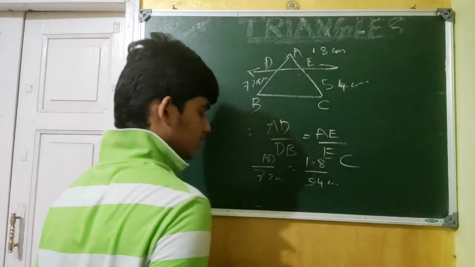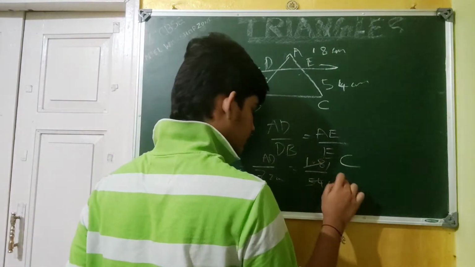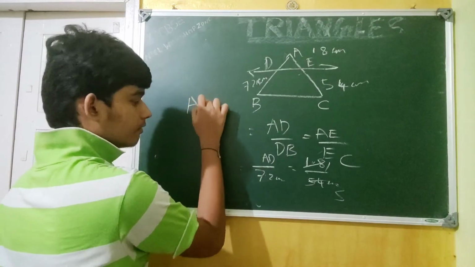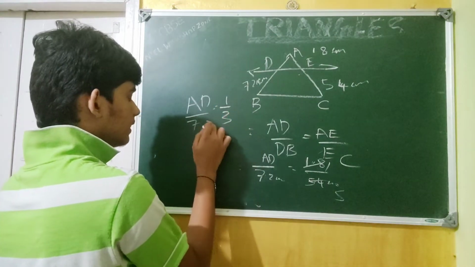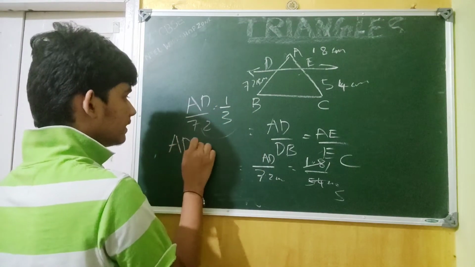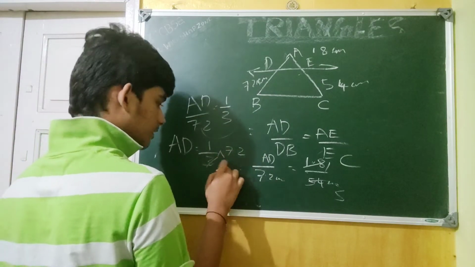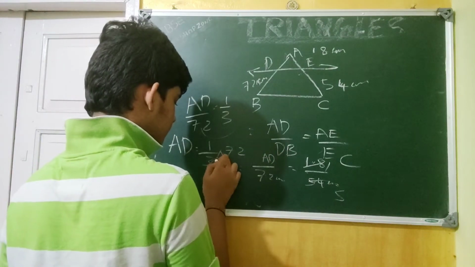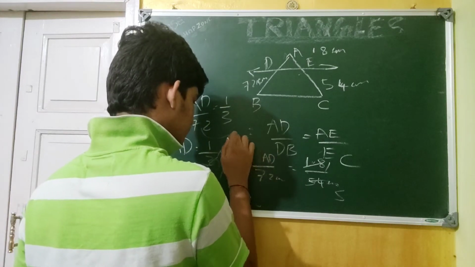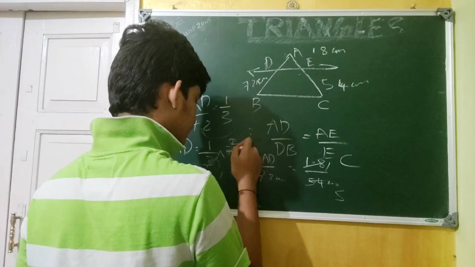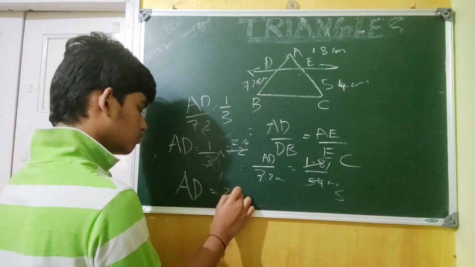So AD by 7.2 is equals to 1 by 3. Let's bring this to this side. So AD is equals to 1 by 3 into 7.2. Now let's take away the point and add it over here. 3 1s are 3, 3 2s are 6, and 2.4. So AD is equals to 2.4.